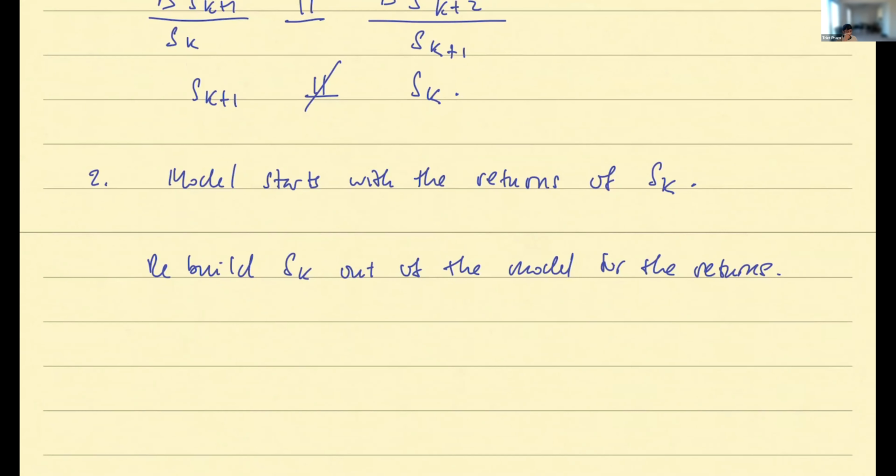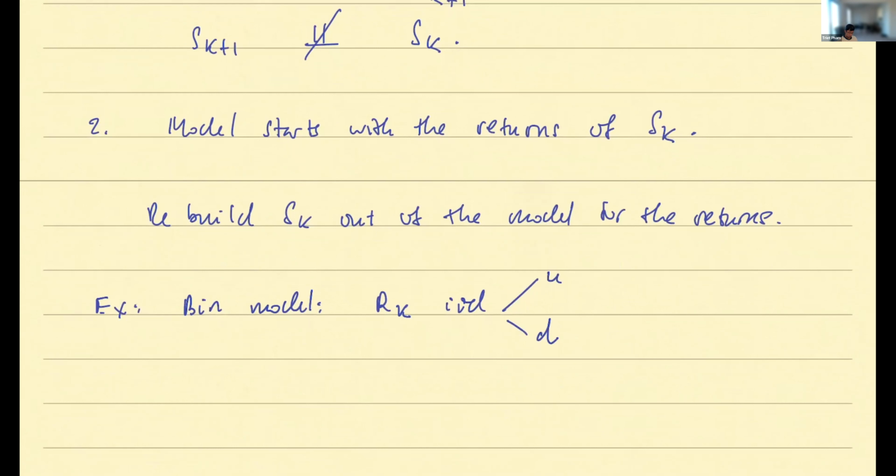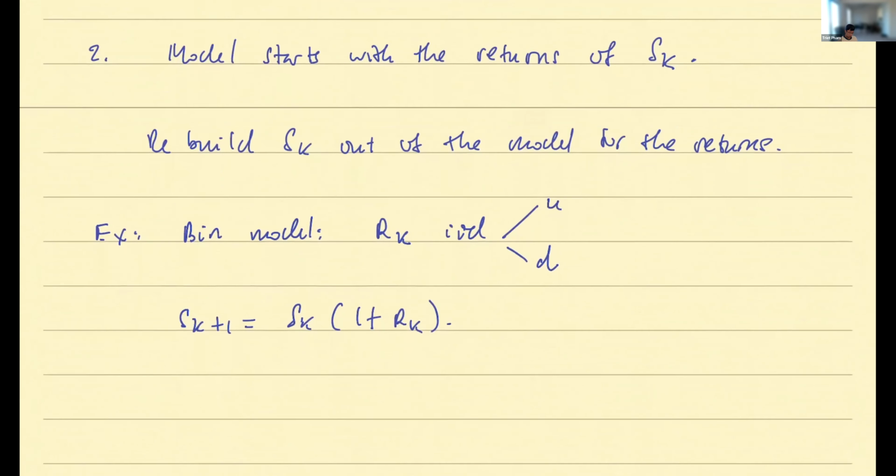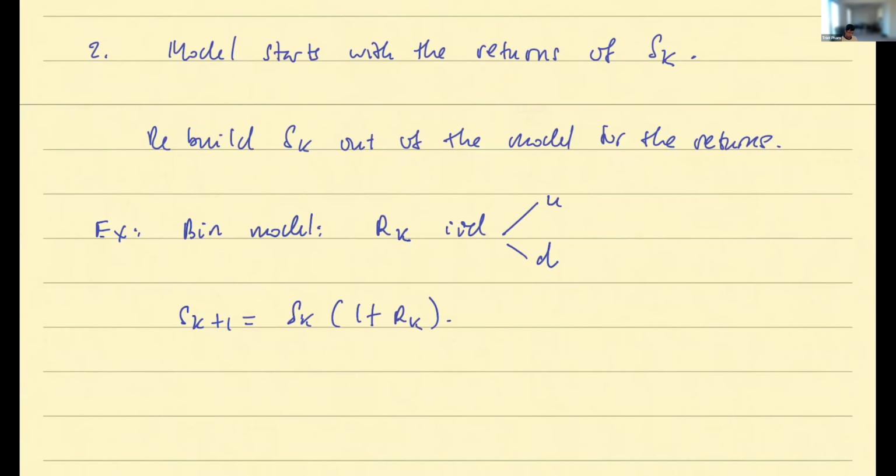Again, some of these will become clearer in the future, but I'll give some examples. So with the binomial model, you model the return as IID, U and D like this, and then you rebuild the stock out of the return. Okay. And you can also have a random walk, which some of you might have seen.